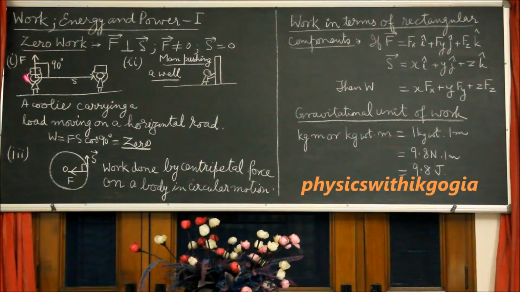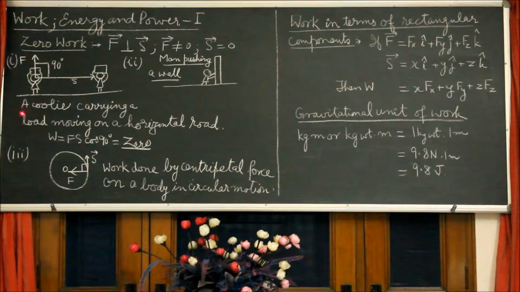Or you can take this example where a pulley carrying a load is moving on a horizontal surface. The force applied to support the load is vertically upward and the displacement is along the horizontal. Therefore, the angle between the force vector and the displacement vector is 90 degrees, and likewise the work done, Fs cos 90, will be 0.